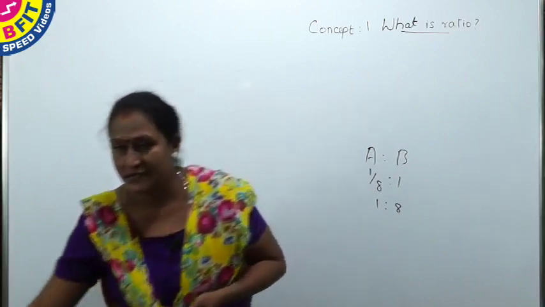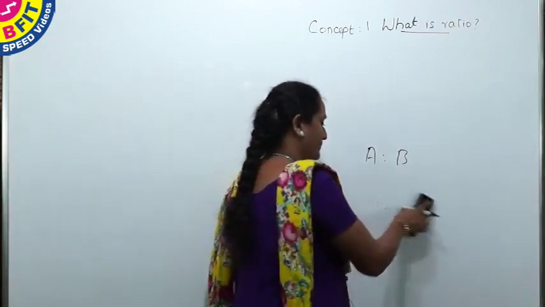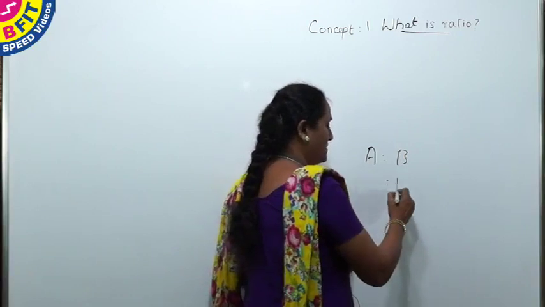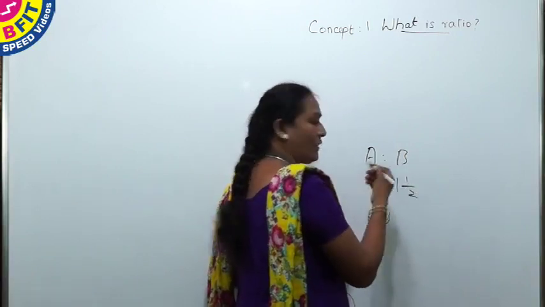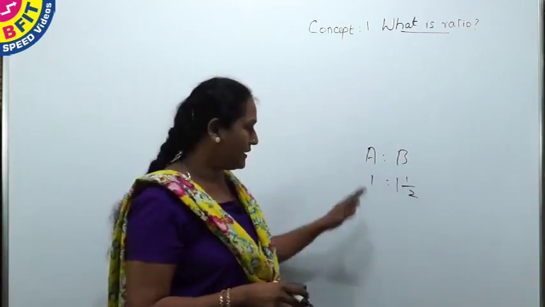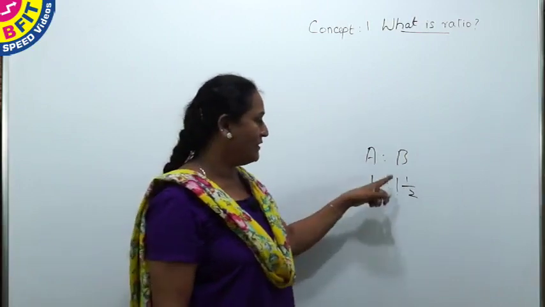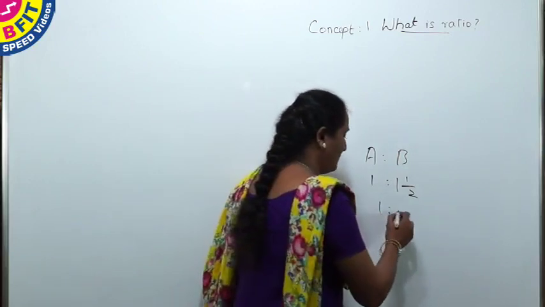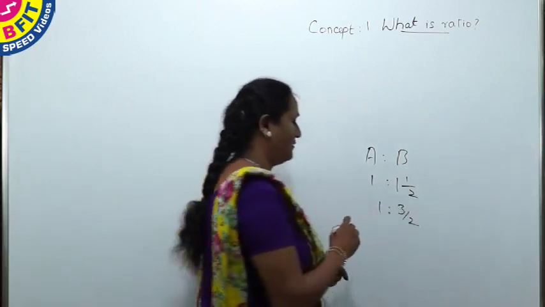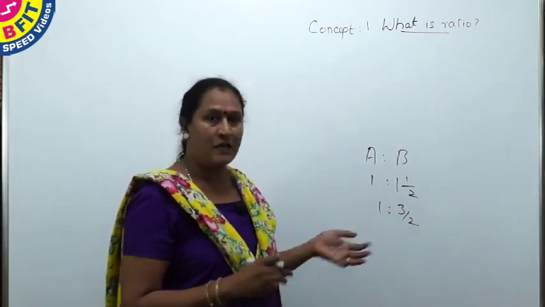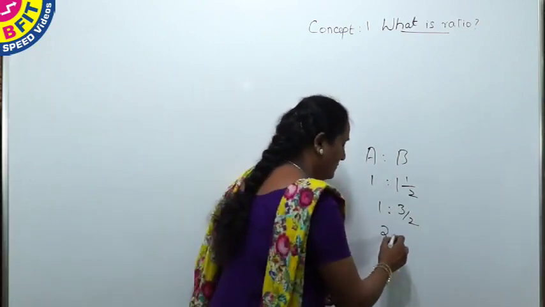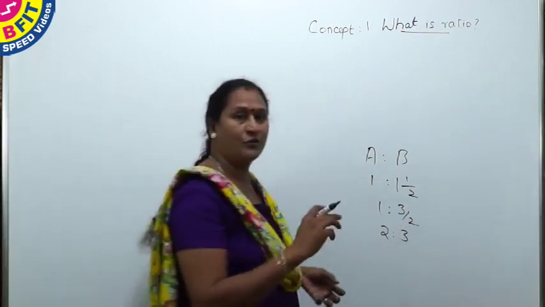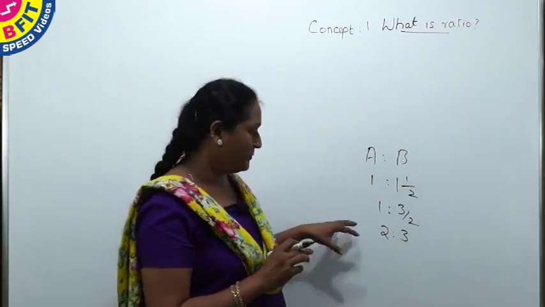If suppose they say B is 1.5 times of A, here A's value is the base and B will be 1 by 2, or 1:3 by 2, which can also be written as 2:3. So ratios should be mere integers.